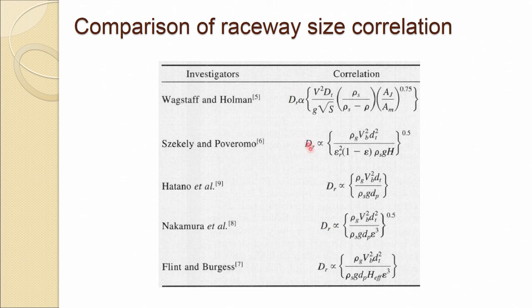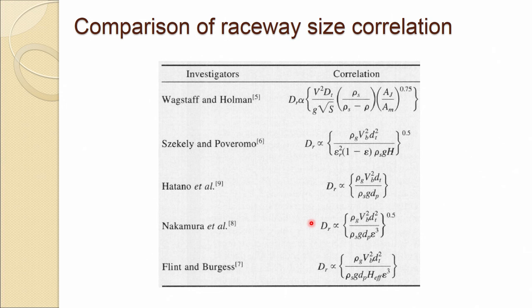So, dr is the raceway diameter, and these are standard parameters: gas density, blast velocity, tuyere diameter, solid density, acceleration due to gravity, void fraction, bed height and particle diameter. It is the same thing, but each of these correlations is different and they give totally different raceway diameters. So they do not really talk to each other.